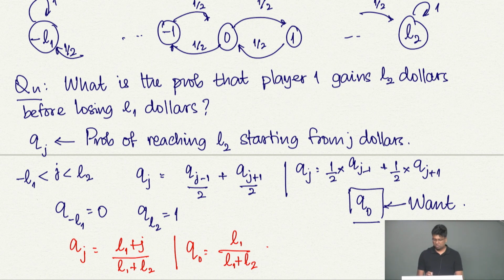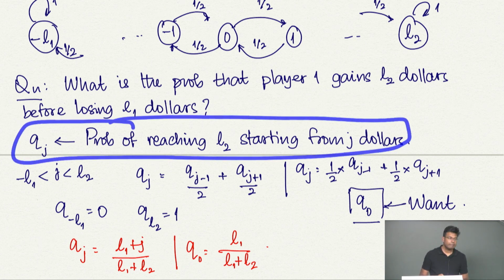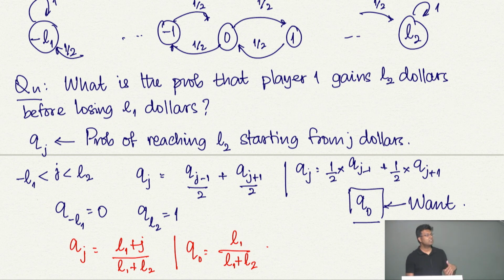This could also be thought of as the number of steps needed. I said there's a probability. If you ask me about the number of steps needed to reach L2, even that could be phrased as follows.